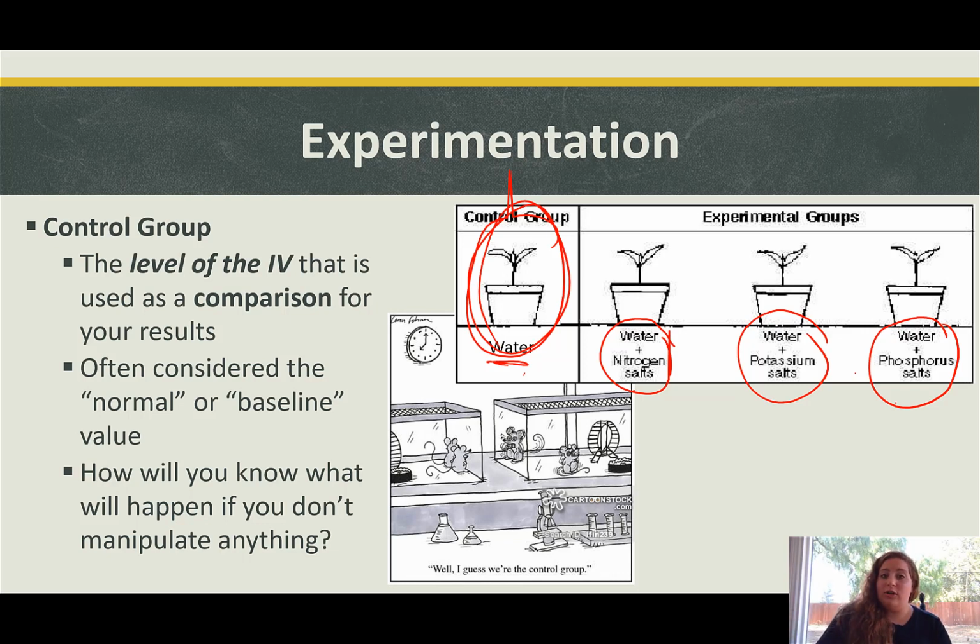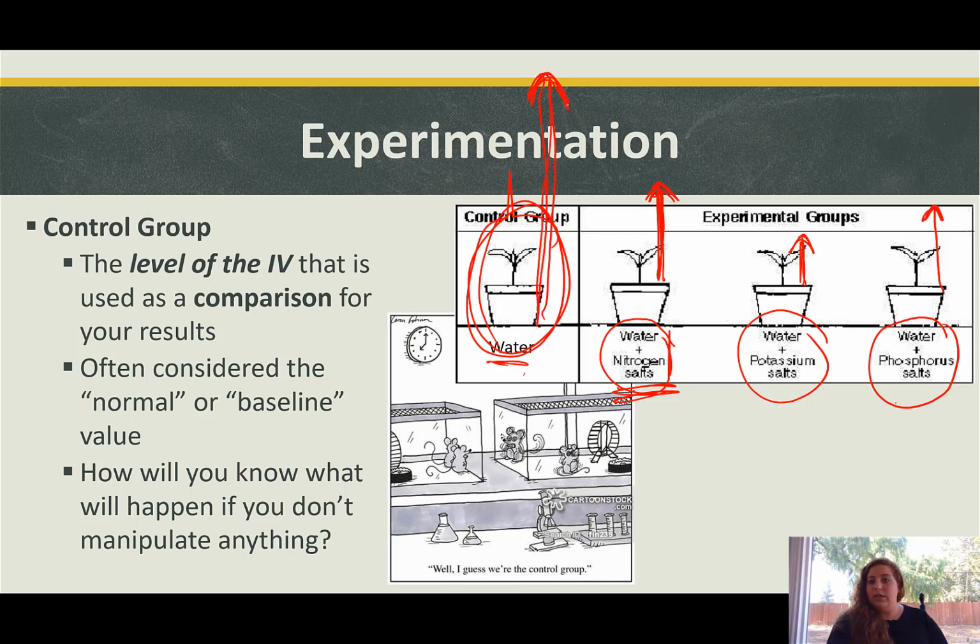So I'm going to measure how tall these plants grow. So let's say the one with the nitrogen salts grows to be about this tall. And the one with potassium grows to be about this tall. And phosphorus grows to be about that tall. So that's great. You'd say, well, then give your plant nitrogen salts because they grew the tallest. But now what if our water grew to be this tall?